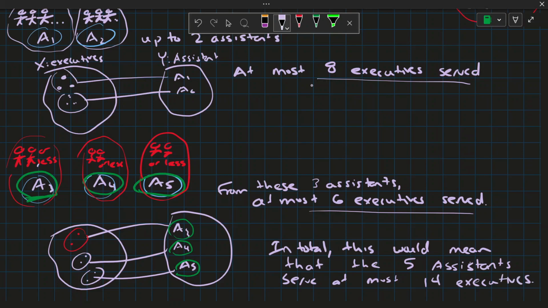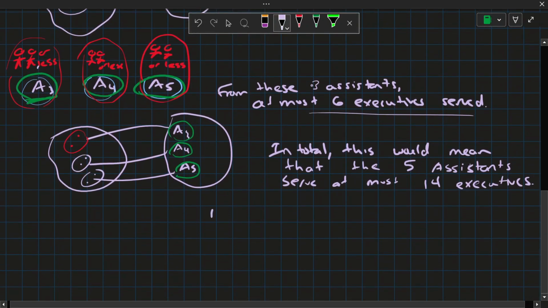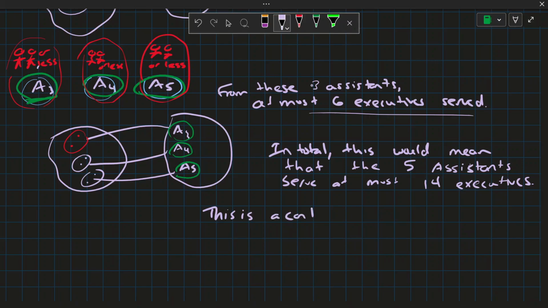And why is that a contradiction? That's a contradiction since we were told X was 15 executives.